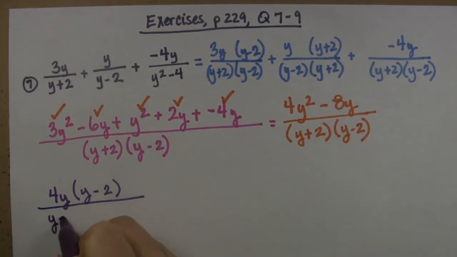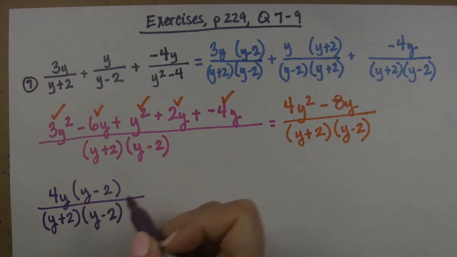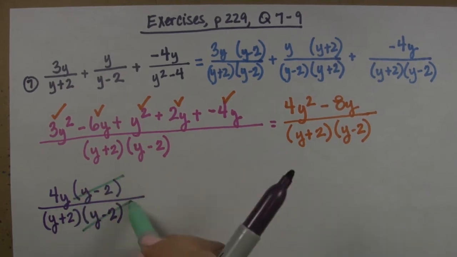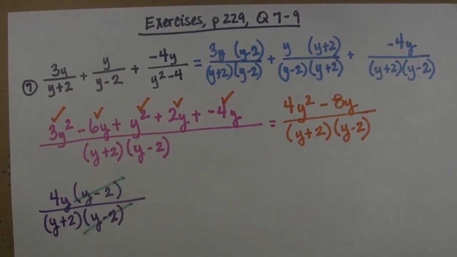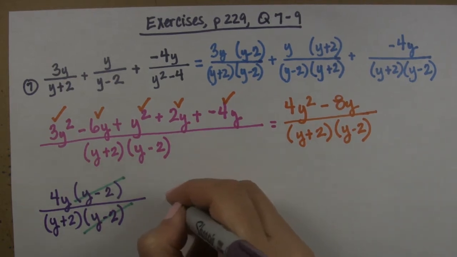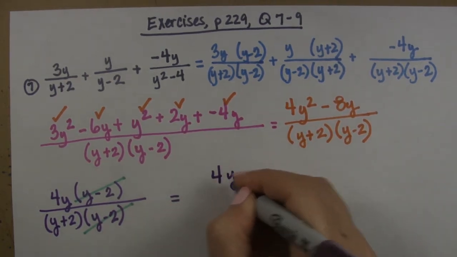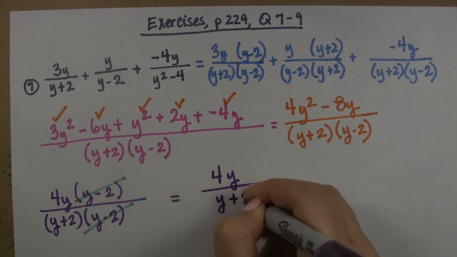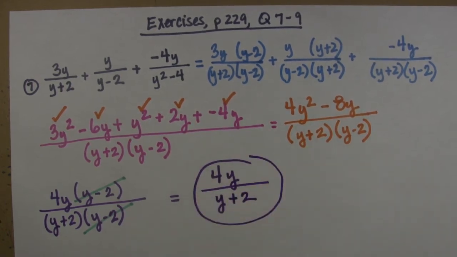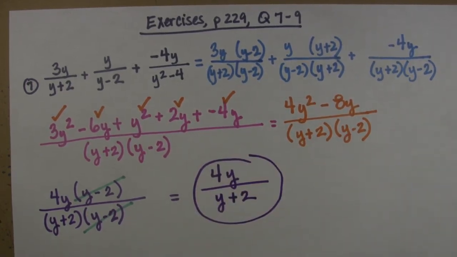And then again, we still have our denominator. And now we're starting to see some real progress being made, because now we are going to be able to cancel out those packets of happiness. So our final answer is going to be 4y over y plus 2. And that is as low as we can go.